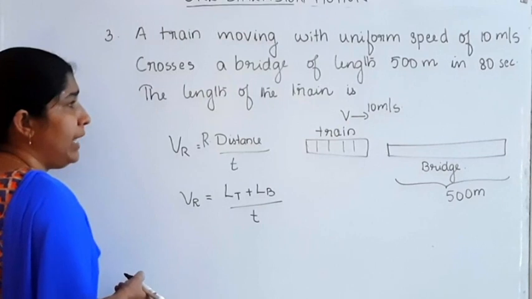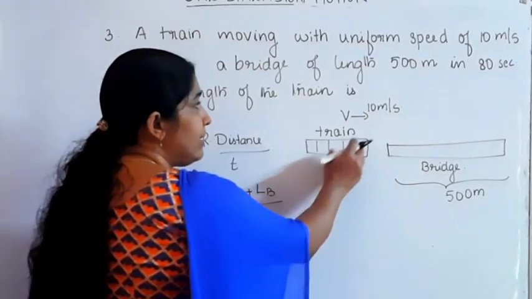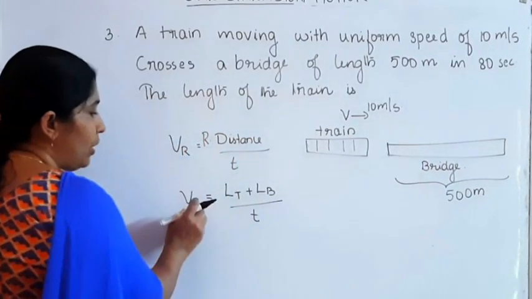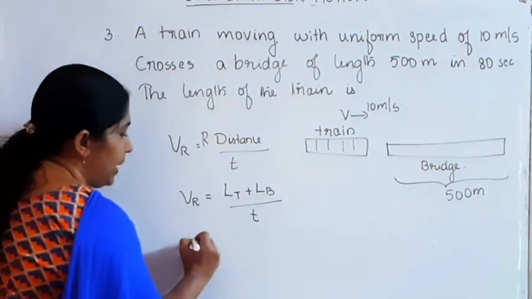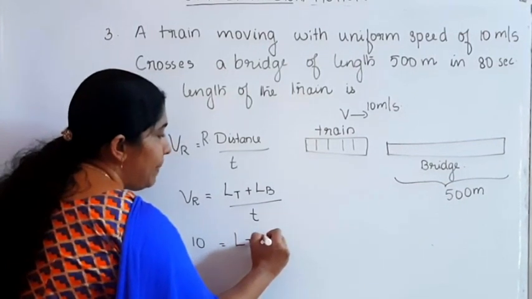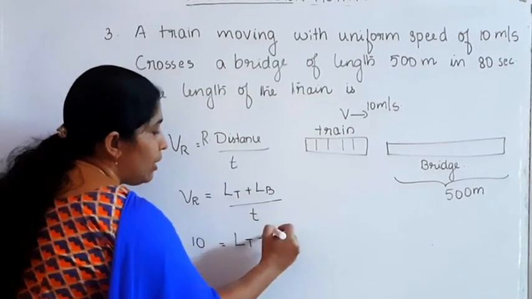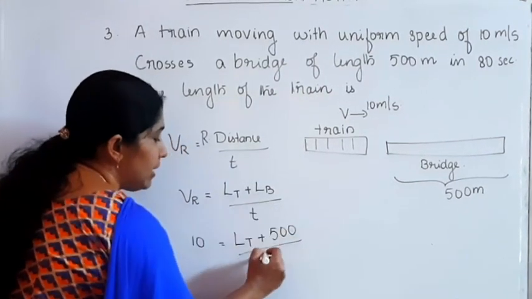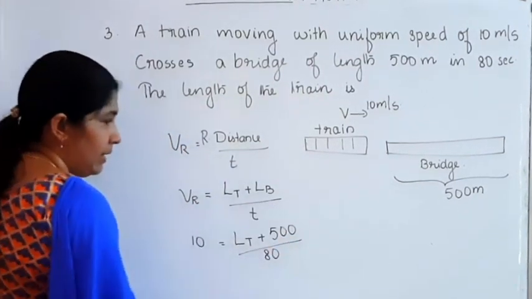Here we know that the velocity of the train is equal to 10 meter per second. Here it's equal to 0. Therefore relative velocity is equal to 10. 10 equal to length of the train plus length of the bridge, which is 500, divided by time. Time t is equal to 80 seconds.